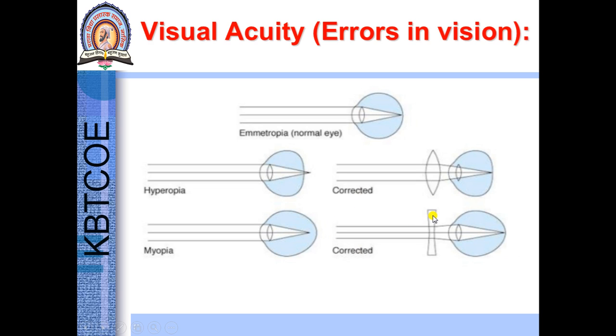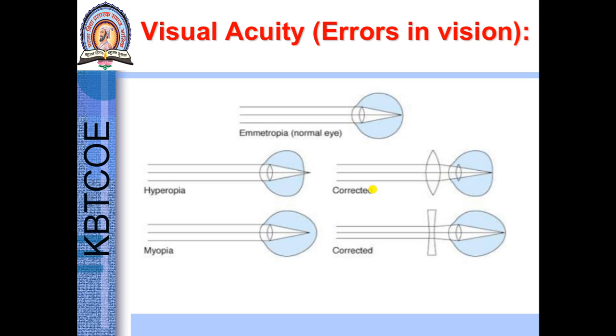The correction is made with the help of a concave lens. So using the proper concave lens, the light rays fall on the retina. In this way, with a combination of convex lens and concave lens for hyperopia or myopia, the corrections are done.